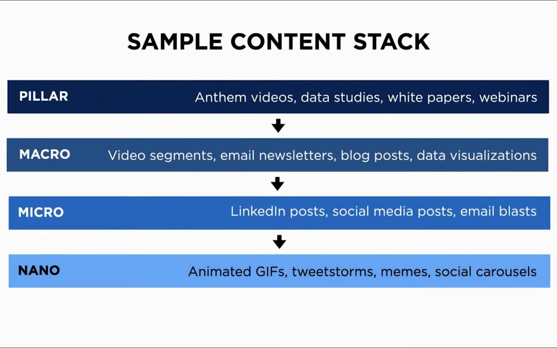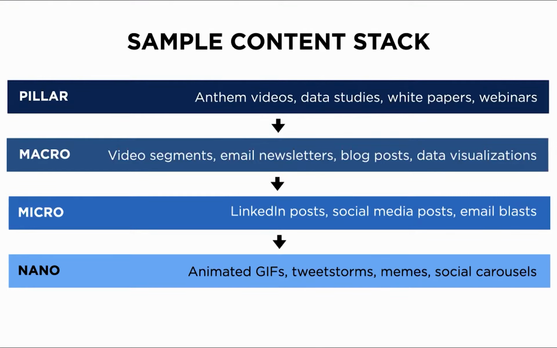So let me show you how this works for a typical company, a client of ours. Their pillar content may be a core explainer or anthem video, a data study, a white paper, maybe a webinar. That becomes the pillar content they base everything off of.